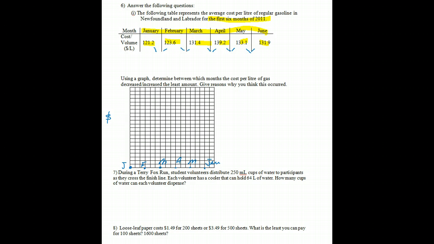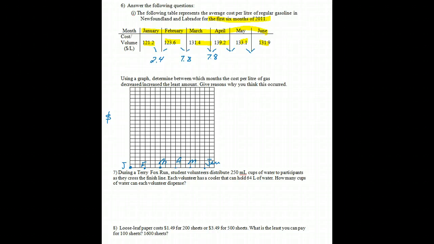So from January to February, the cost rose and went up by 2.4 cents. From February to March, cost rose again and went up 7.8 cents. Rose again from March to April, another 7.8 cents.